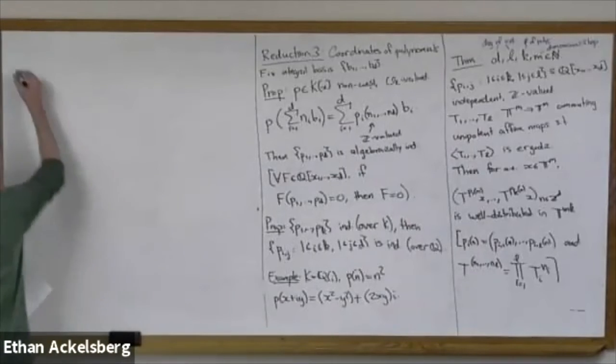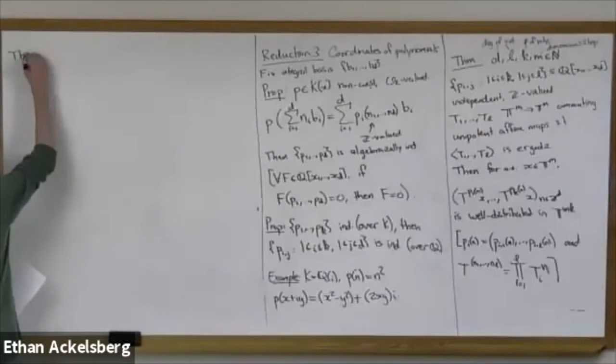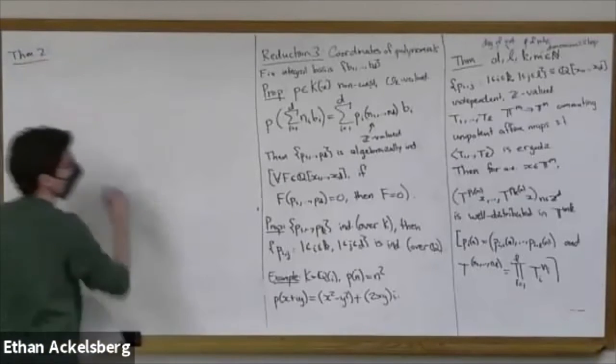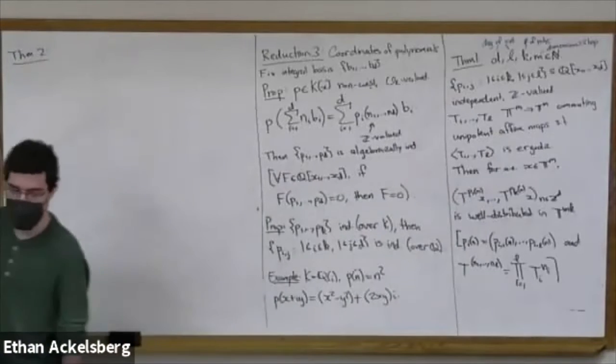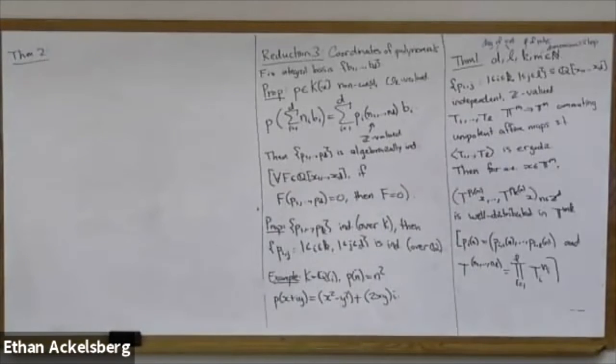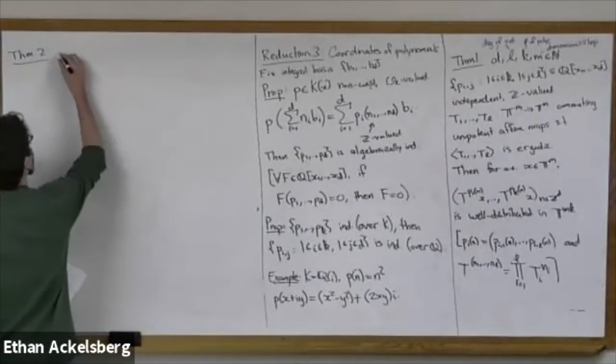Okay, maybe I'll also say, let me give these numbers so that I can refer to them. So I'll call this Theorem 1. And the equidistribution result we're going to need for the other situation is the following.